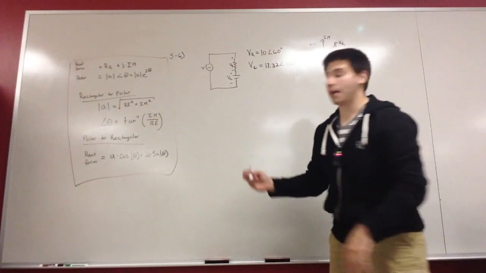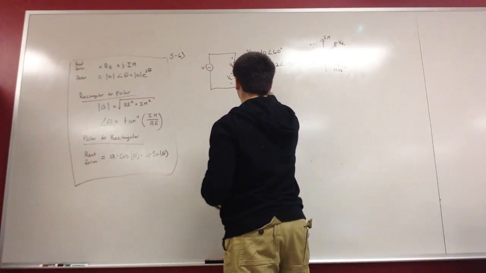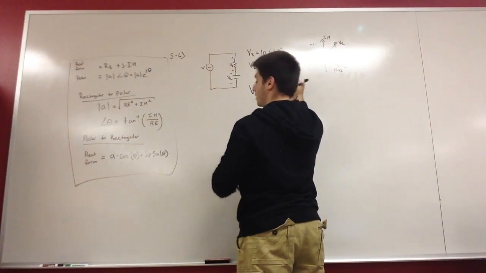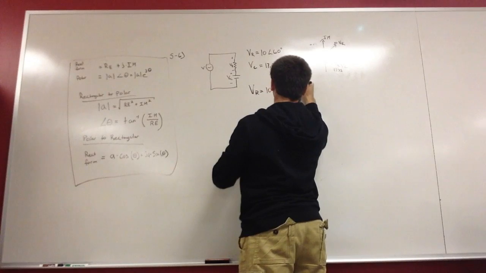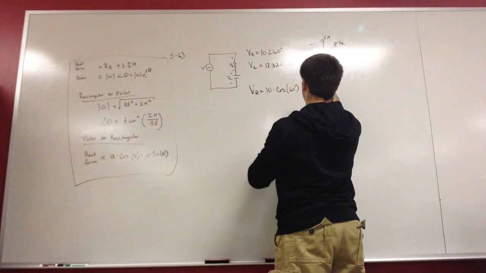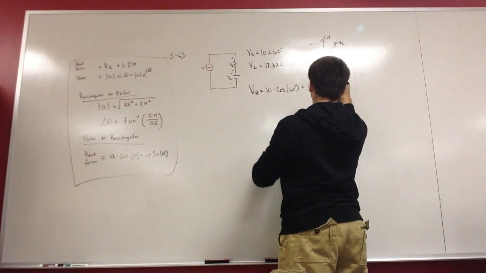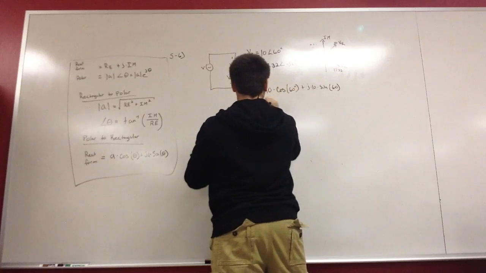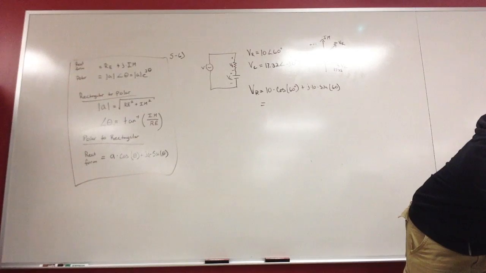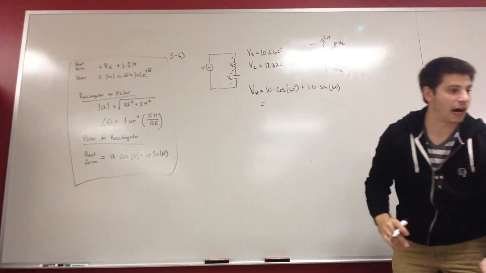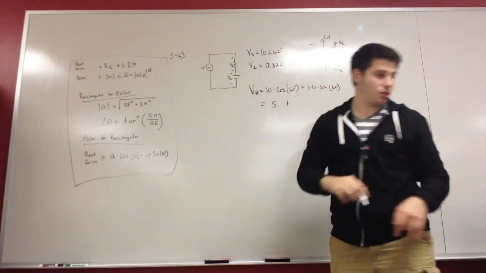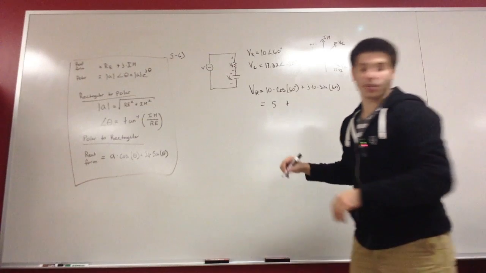The first thing we're going to do is find the rectangular form of V sub R, which is going to be 10 times the cosine of 60 degrees, plus j times 10 times the sine of 60 degrees, which is equal to 5 plus 8.66j.